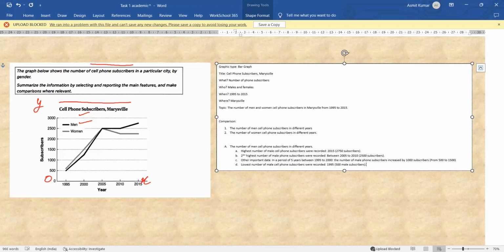That's it then. So we have written everything about the number of male phone subscribers in different years. Now coming to the next point.